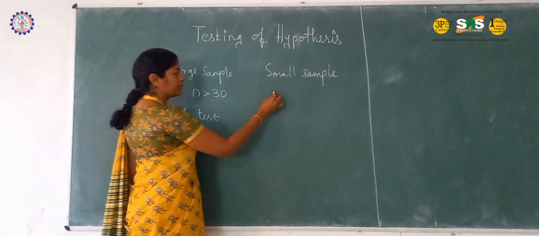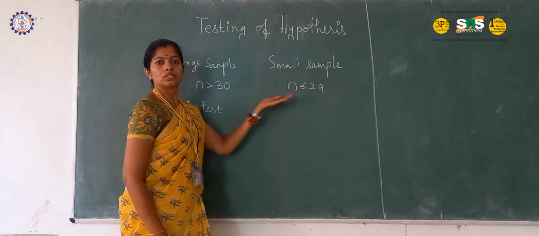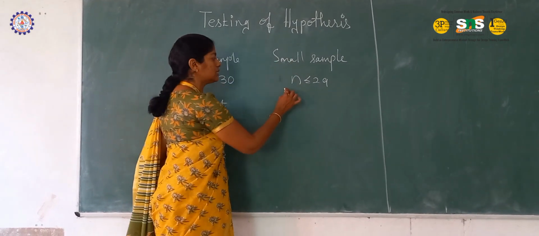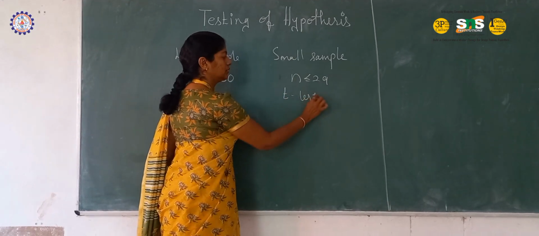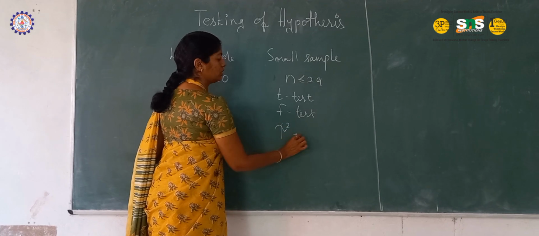Small sample means less than or equal to 29, so 29 and below comes under small sample. For this we have the T test, then F test, then chi-square test.